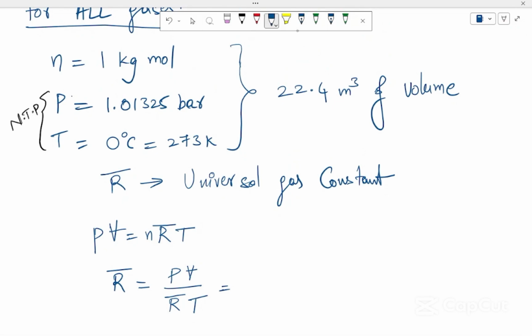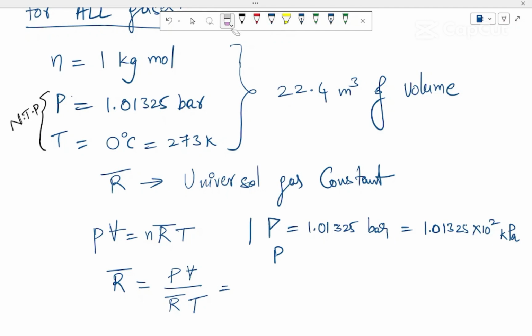Here I can take the P value as 1.01325 bar, which can be written as 1.01325 into 10 square kilopascal. So this P value can be substituted here directly.